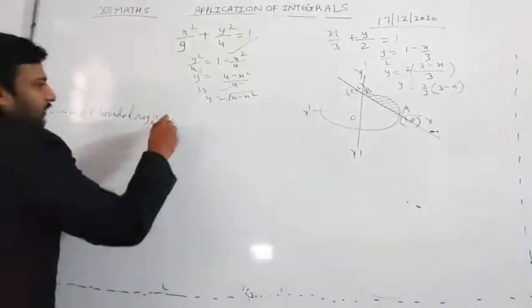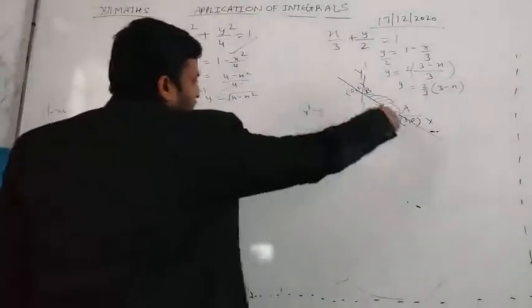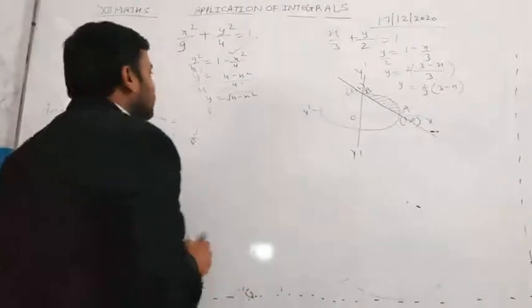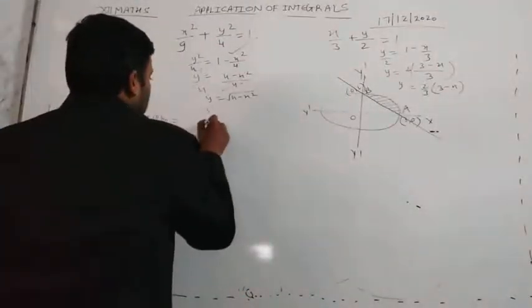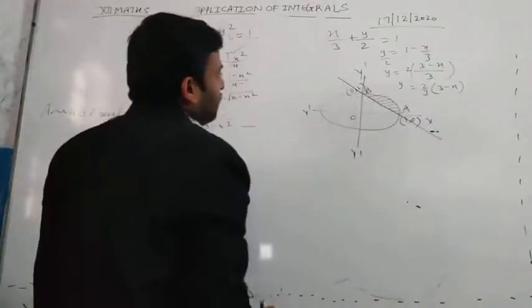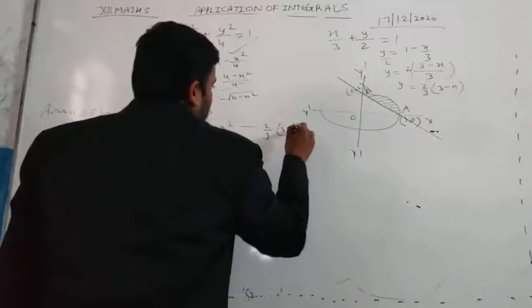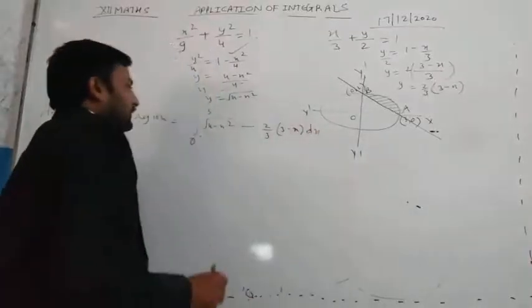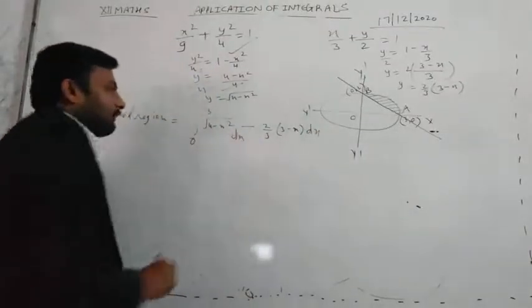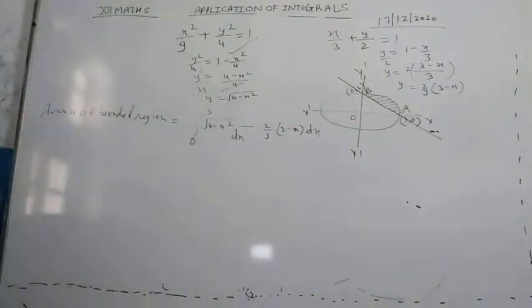The bounded region will be what? The integral from 0 to 3 of y dx, which is covered by the ellipse, and minus the part covered by the line, which is (2/3)(3 − x) dx. Okay, now we'll integrate this and find the value of the bounded region.